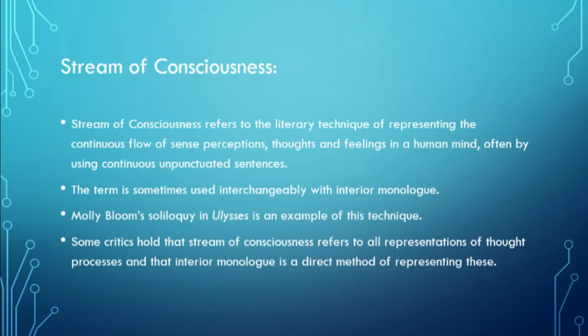Stream of consciousness refers to the literary technique of representing the continuous flow of sense perceptions, thoughts, and feelings in a human mind, often by using continuous unpunctuated sentences. So it is one of the literary techniques used by the modern writers.